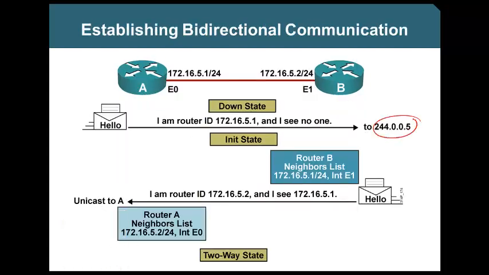putting its own router ID. Hey, my router ID is this. Because there is no other IP address, it is using the physical interface address. Usually the router ID will be the loopback interface address. When you don't configure the router ID, it will use the loopback interface address.